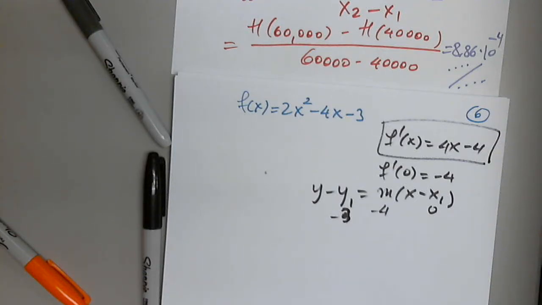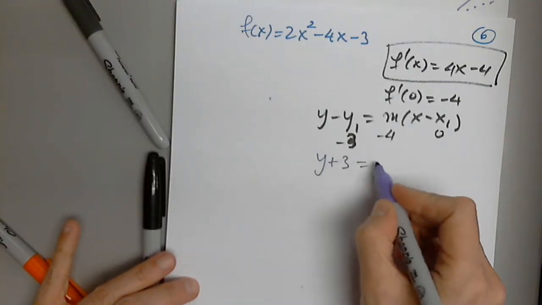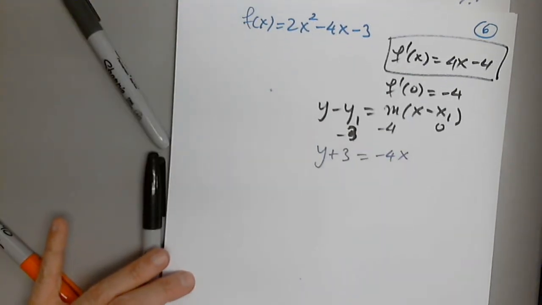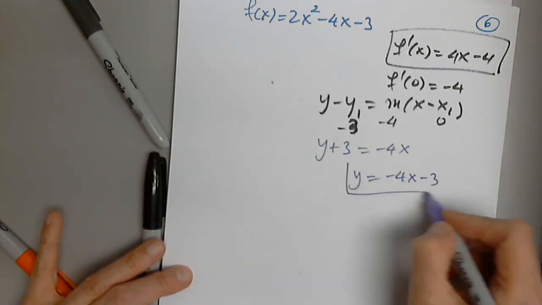Although I did not finish, I have to determine this -4 using the definition. But I can already determine the equation. So this is y plus 3 equals -4 times x, or y equals -4x minus 3.